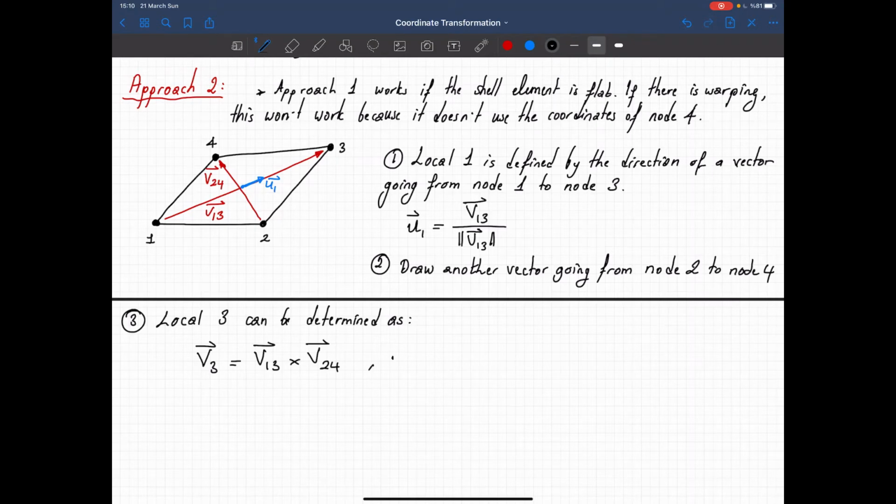And the third local direction will be then equal to V3 divided by its norm. And finally, let's show that this is the U3 direction.